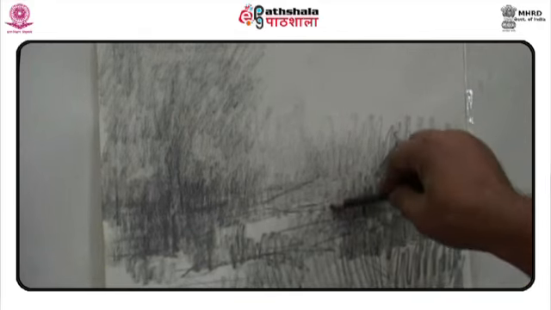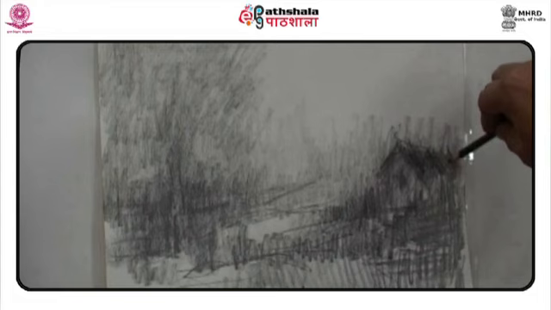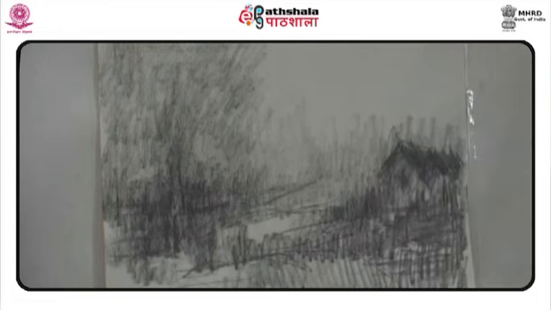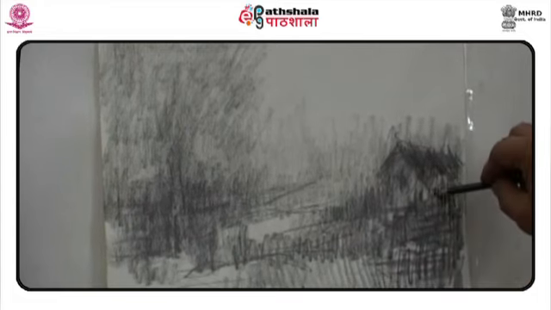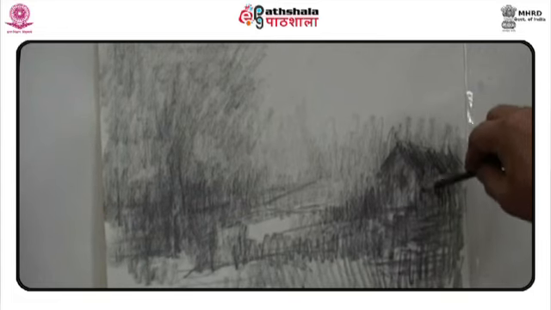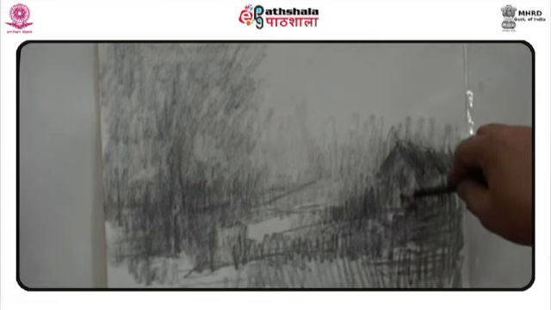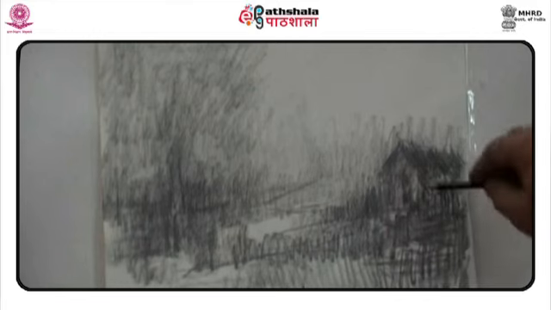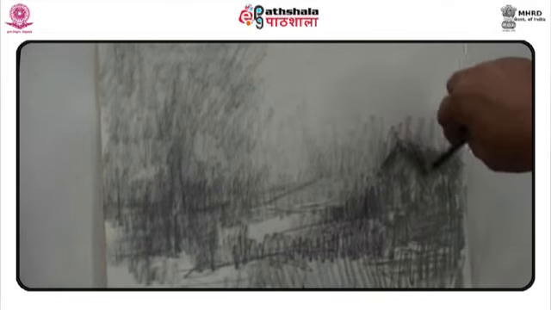There are no clear lines to shape up the hut or the thatched roof. Scribbles are adding beauty to the abstraction. There is no outline, yet one can make out the basic structure.